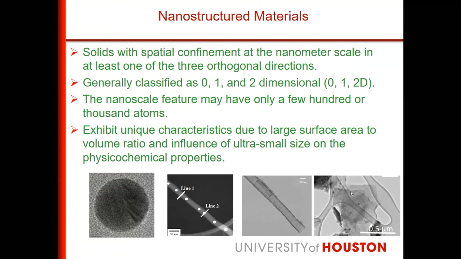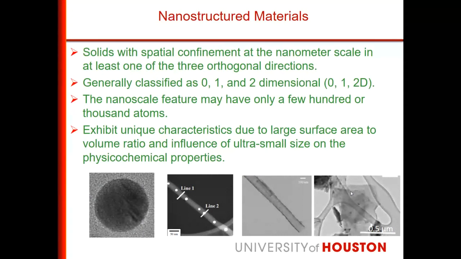But it comes under the broad field of condensed matter physics. Solid state physics is a part of condensed matter physics, and nanostructured materials come under this topic of solid state physics. So what is a nanomaterial?